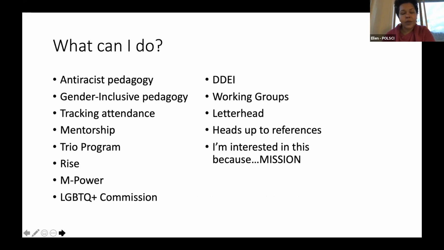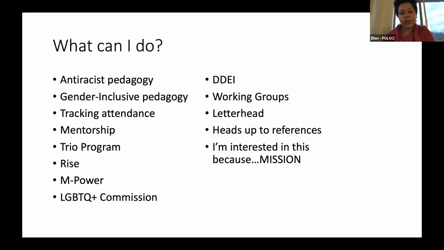And if you don't have any experience yet with diversity initiatives, there is so much you can do here on campus. I wanted to highlight professionals and people who are already doing anti-racist pedagogy or gender inclusive pedagogy, people who are tracking attendance of first generation students, like one of the colleagues here shared, being a mentor.